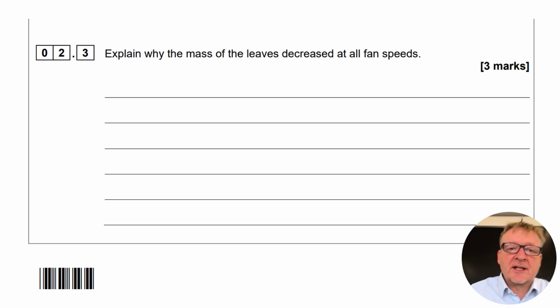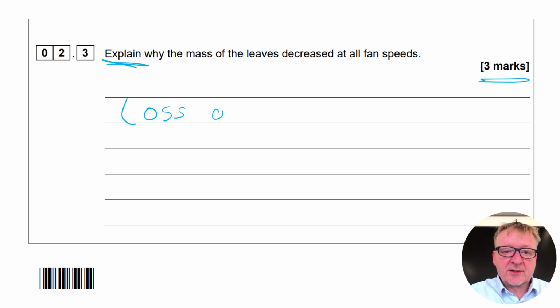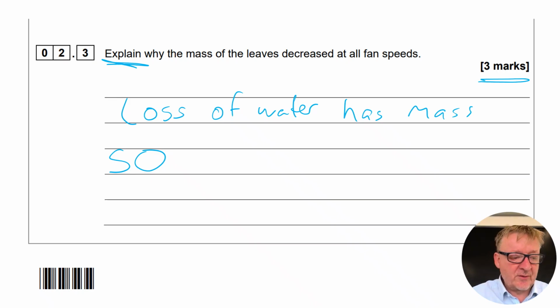2.3, okay, explain. Oh, a good old explain question. Okay, 3 marks. Why the mass of the leaves decreased at all fan speeds. Firstly, you're just going to describe what you're actually talking about. So the loss of water has mass. When the water leaves the leaf, it's got mass. Makes sense. Then you're going to go "so". If you've got an explain question, you always want to justify something with "so".